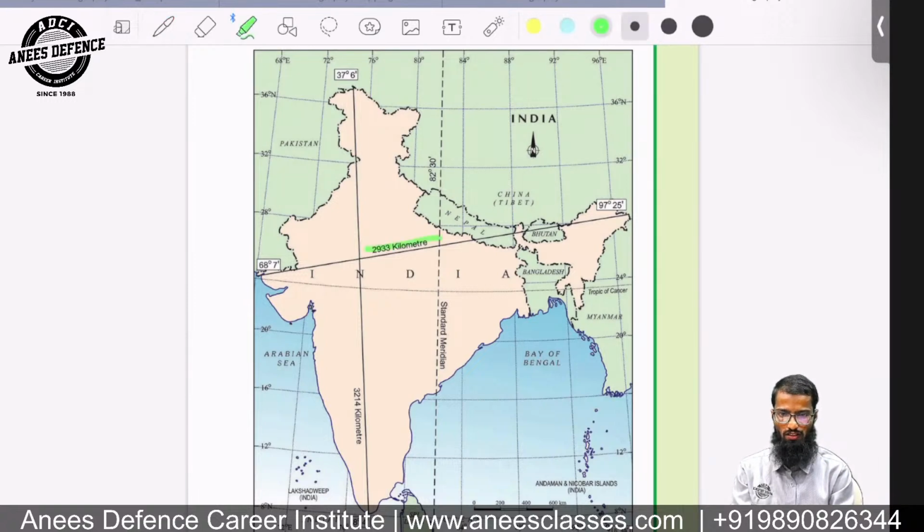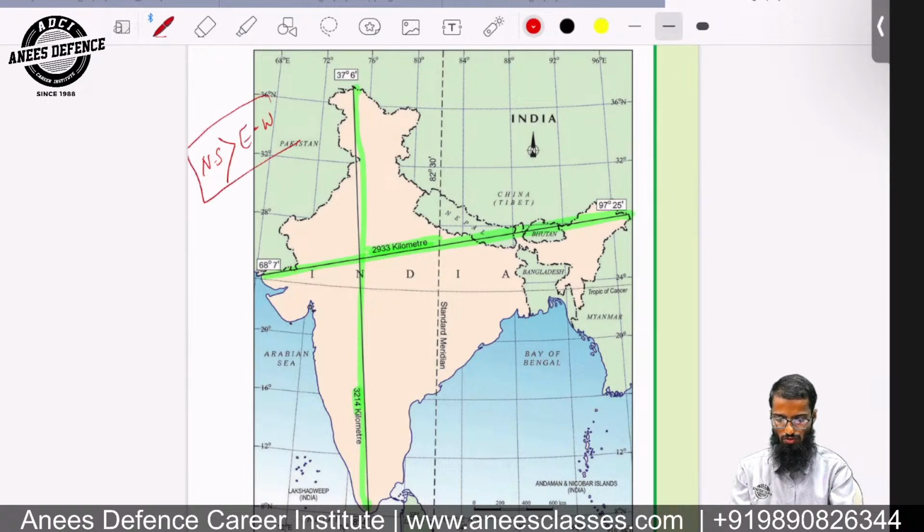You have 2,933 kilometers of east-west extent, and north to south it is 3,200. So the north-south extent is greater compared to the east-west.